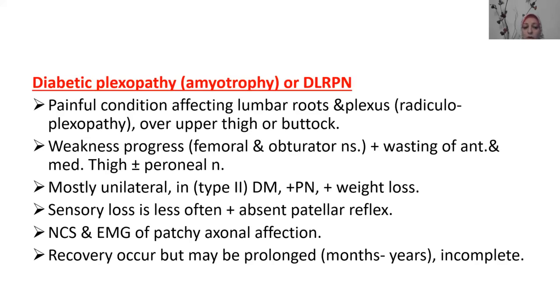EMG also will give a picture of axonal affection with signs of denervation and re-innervation. Paraspinal muscles are usually involved also. Recovery occurs, but may be prolonged and take years, and recovery also may be incomplete in some patients.